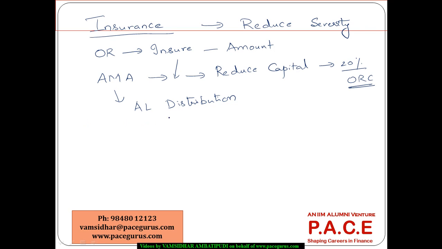So the severity will be reduced, which means the distribution will get altered, which means all the risk capital computations also will get altered.